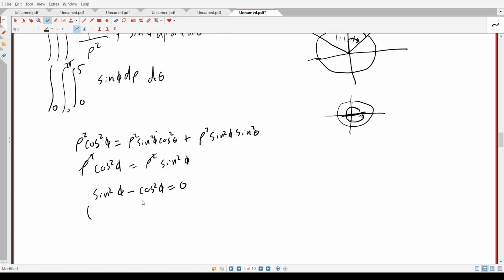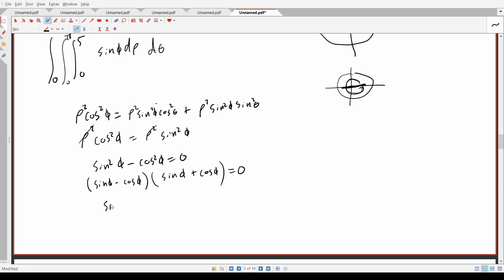I can factor this: sine phi minus cosine phi, times sine phi plus cosine phi, equals 0. And that lets me conclude that sine phi equals cosine phi, or sine phi equals negative cosine phi. This happens at pi over 4. This happens at minus pi over 4.